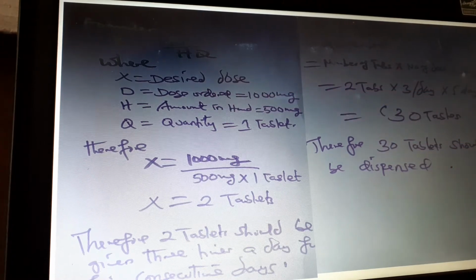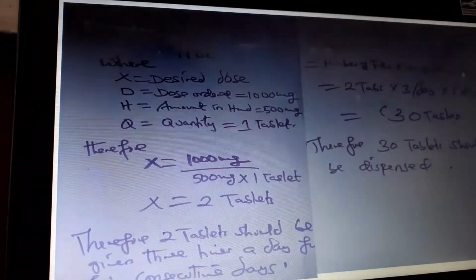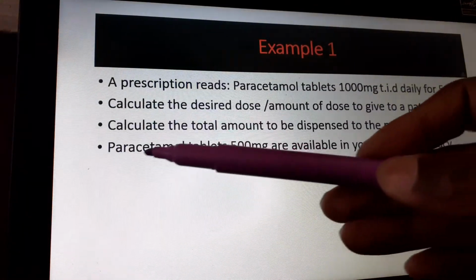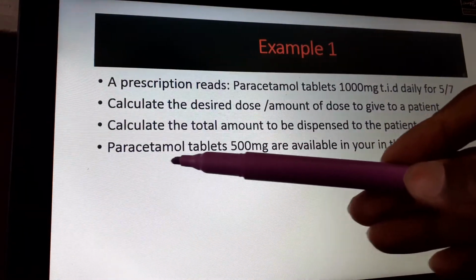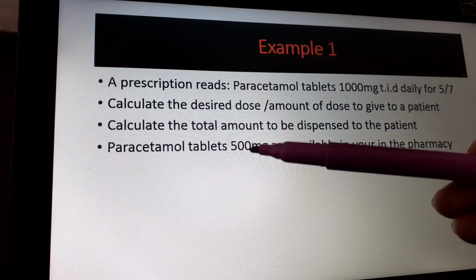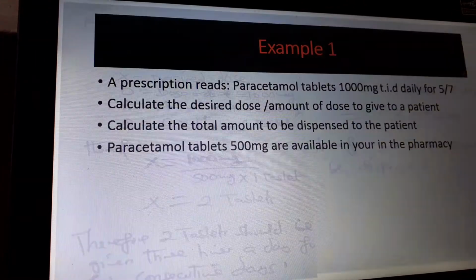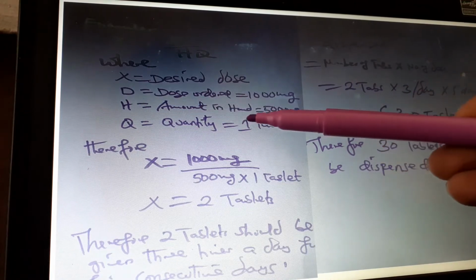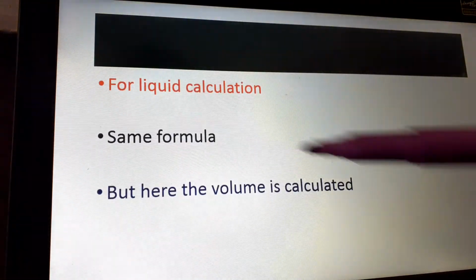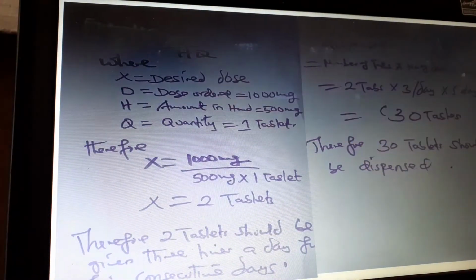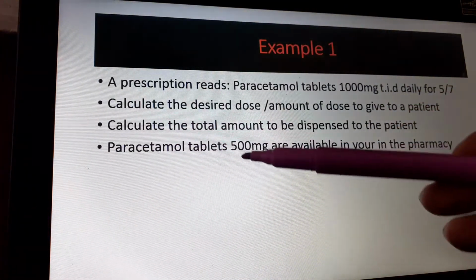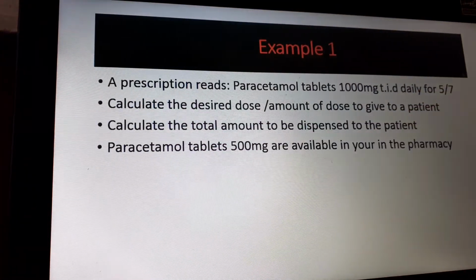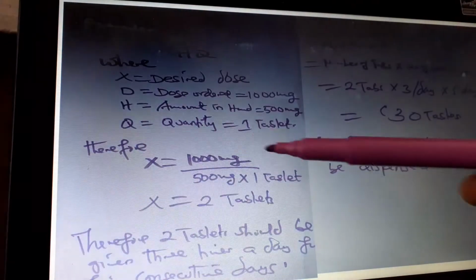Then the amount in hand, that you have one paracetamol tablet of 500 milligram. This will be your H, 500 milligram, and quantity, that means each paracetamol tablet you have, that one tablet here, this is your quantity. So the quantity will be 1.